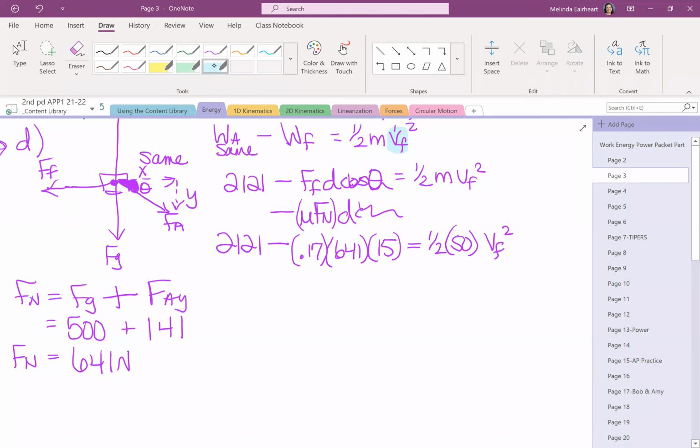So now, do the math. Last step would be square root. And if you get a sub number, that work done by friction should be bigger than 896.